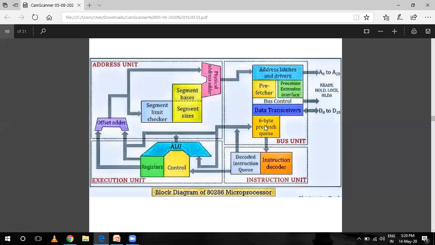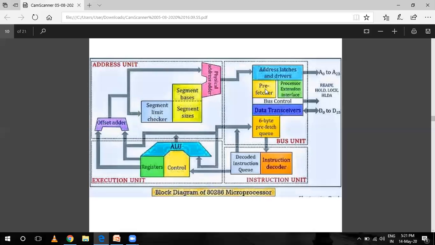जो कि हमारे पास 8086 में भी थी. This concept comes under pipelining, the 6-byte prefetch queue for faster execution of the instruction. This can be done by a bus control module, that is the prefetcher.